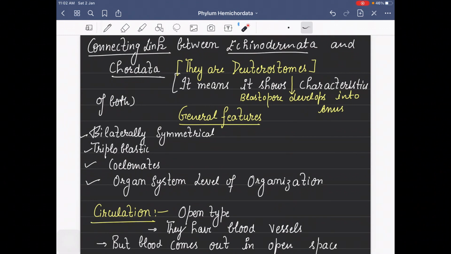So it is a connecting link we are saying between echinodermata and chordata, and connecting link means it shows characteristics of both. It shows characteristics of echinodermata a little bit as well as chordata.